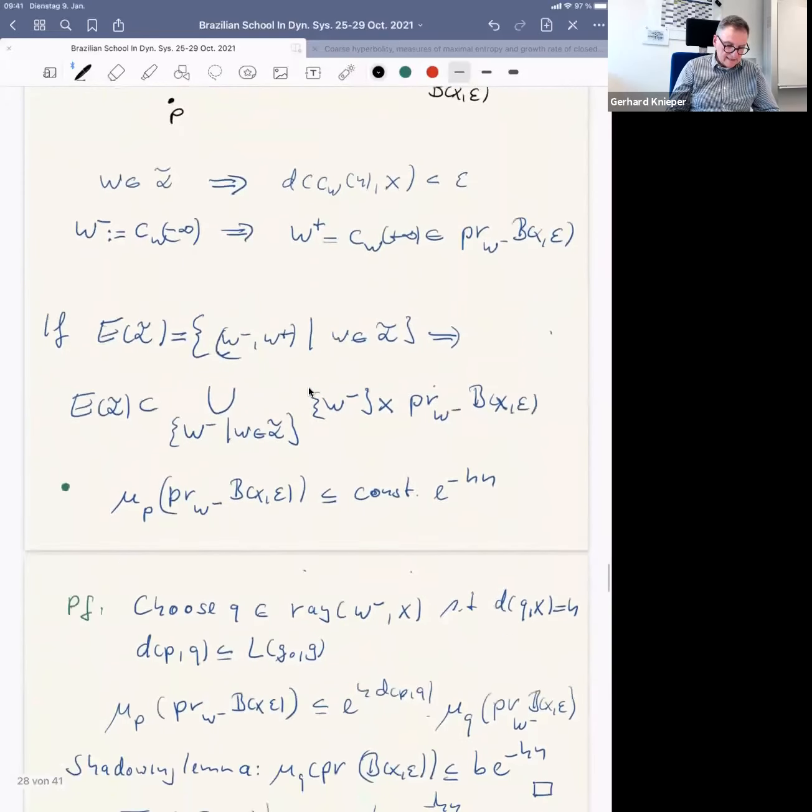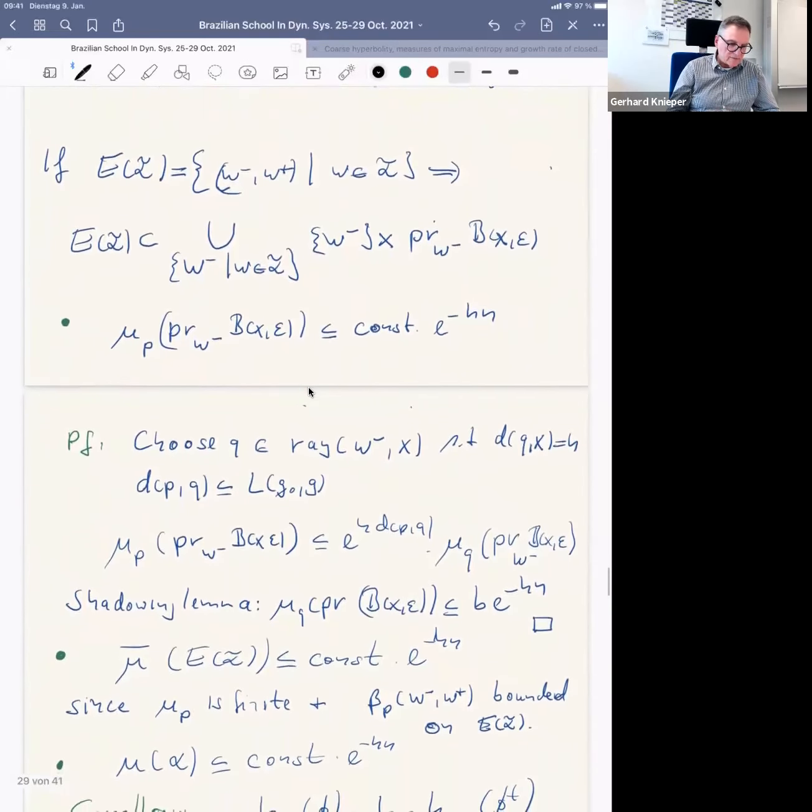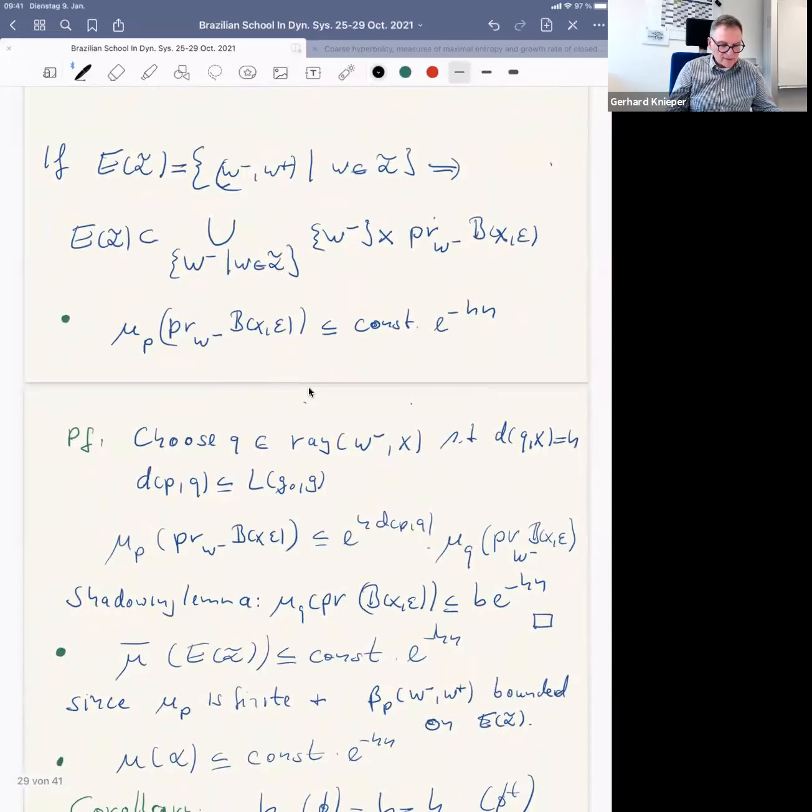Having this, that P is in a bounded distance, bounded by a universal constant depending on the two metrics, you get that the measure mu_P of this projected Z can be estimated. I change the reference point, going from P to Q, which costs e to the h d(P,Q).